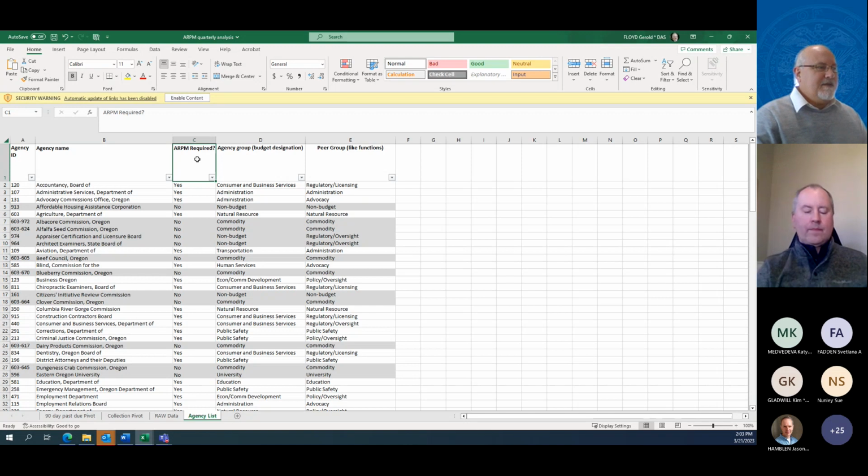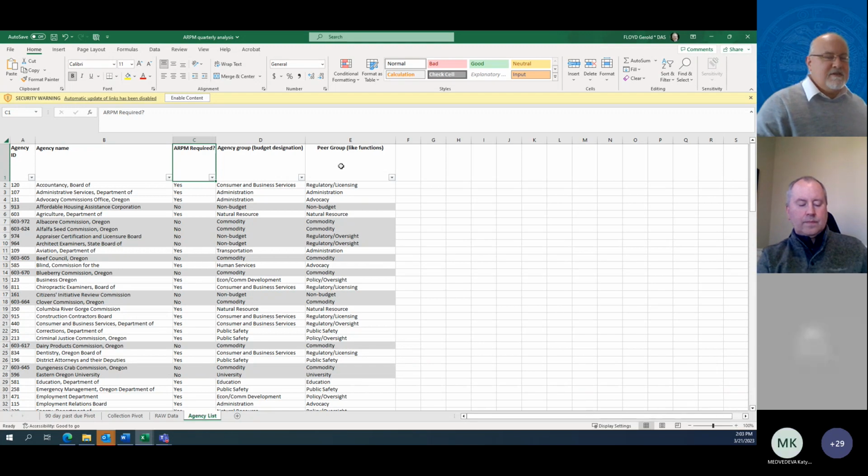As I start showing you some of the information, I'll explain why that's important. We started with the agency budget designations as an agency group, and then translated that, along with information from agency websites, into peer groups, or one way to think of it is functions.